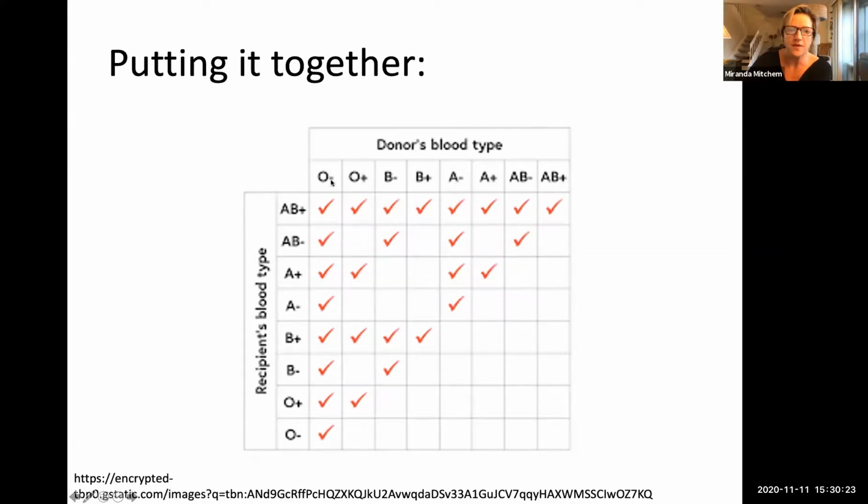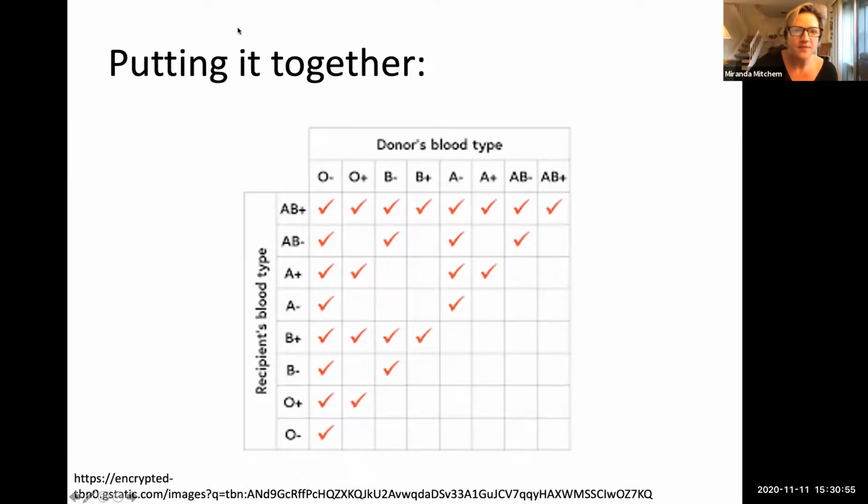Now the negative is the Rh negative, the positive is Rh positive for each of these conditions. Using my example, I am A positive. That means I can get blood from somebody who is type A, but I can't get AB, right? Because I would react to the B part of AB blood. I wouldn't react to A because I know how to deal with that.